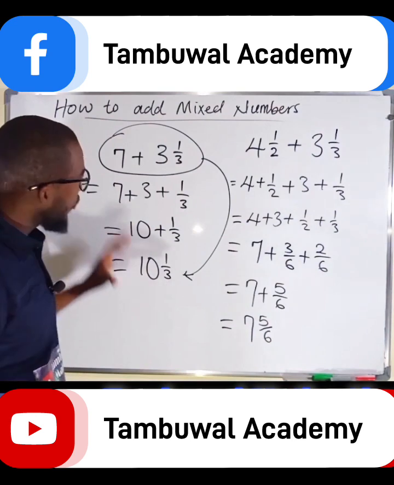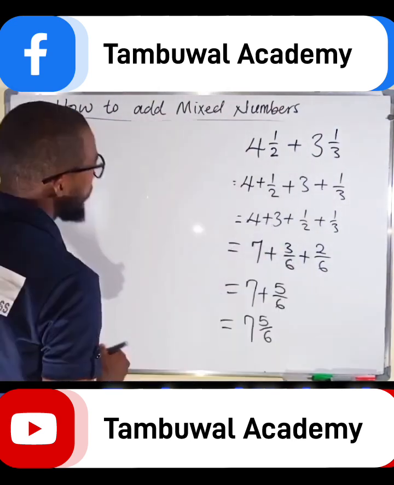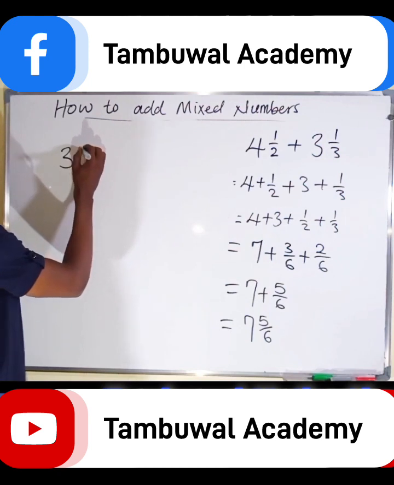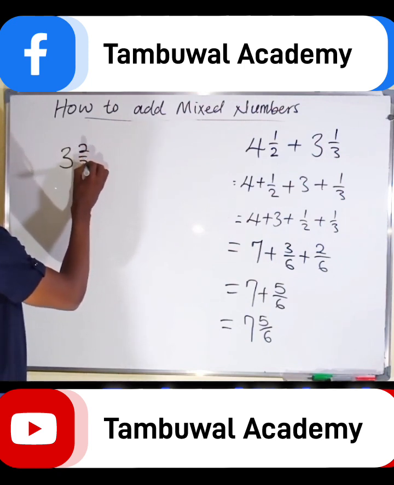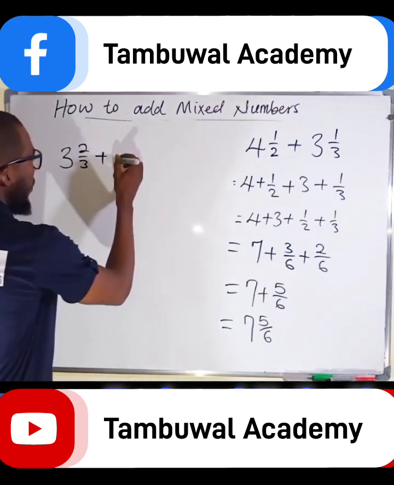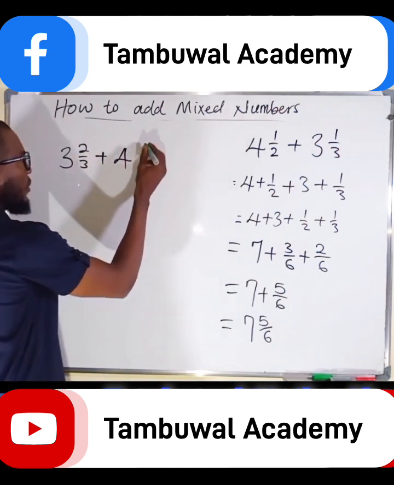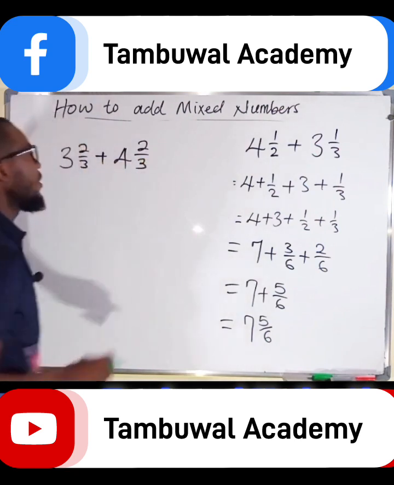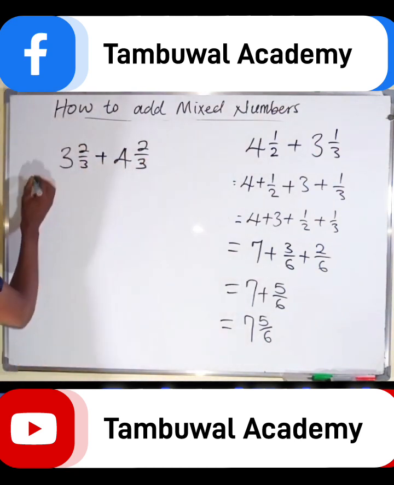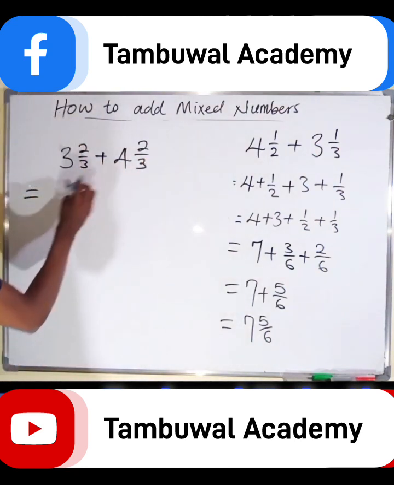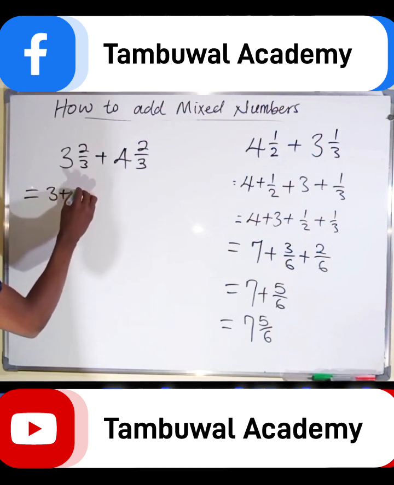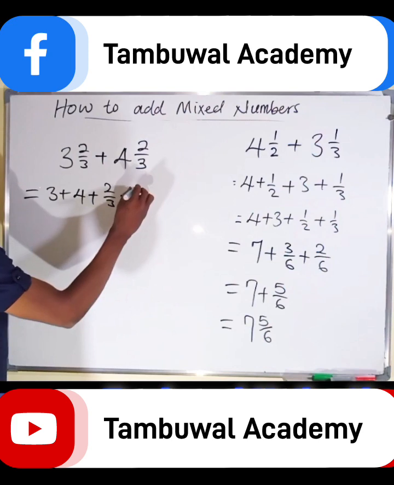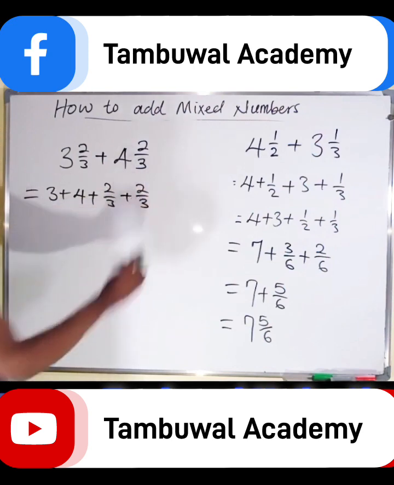So now let us add more mixed numbers together. So first we have 3 whole number, 2 over 3, plus 4 whole number, 2 over 3. This is going to be 3 plus 4 plus 2 over 3 plus 2 over 3.